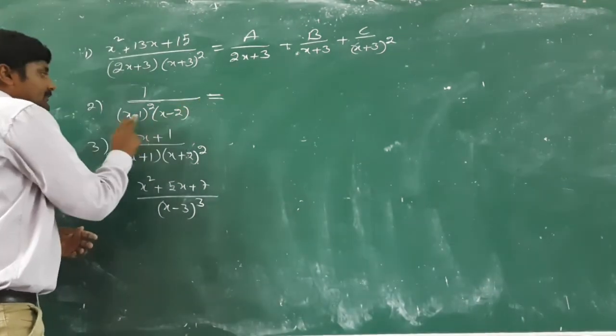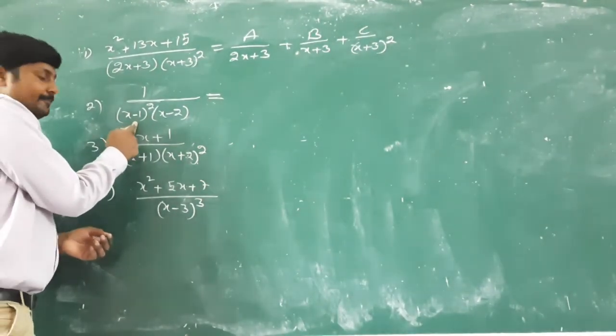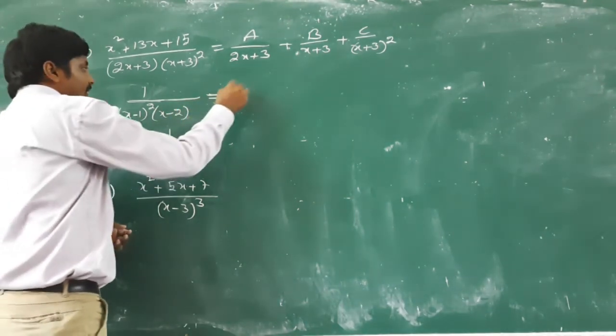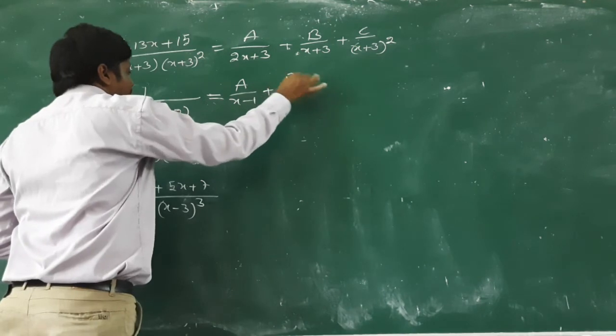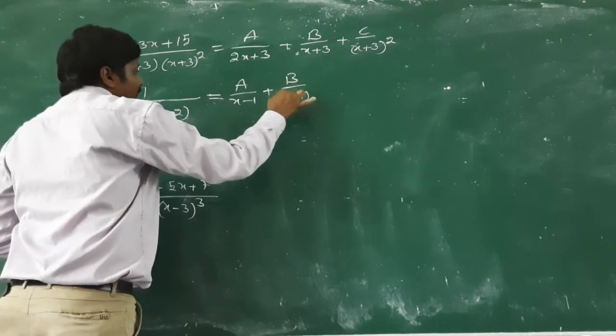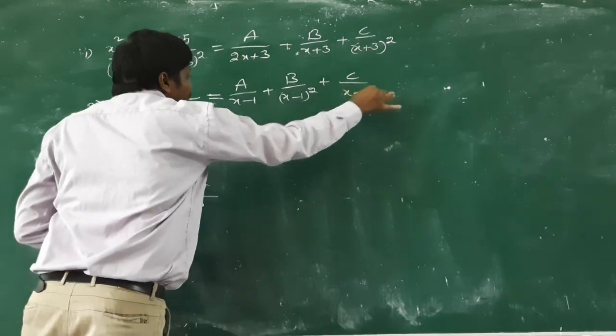Next, second example. It is also a proper fraction, and g of x contains the repeated and non-repeated linear factors: A by x minus 1 plus B by x minus 1 whole square plus C by x minus 2.